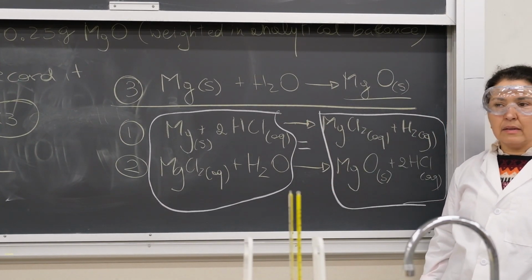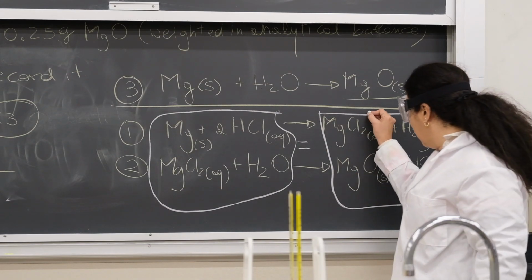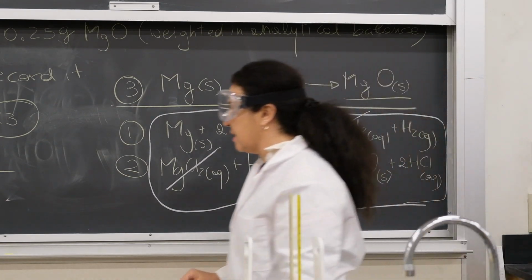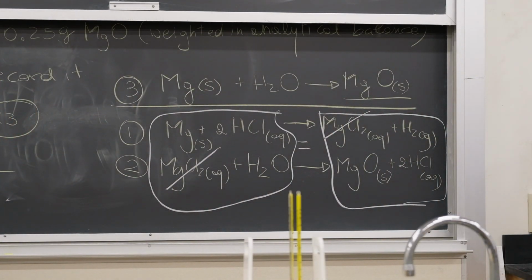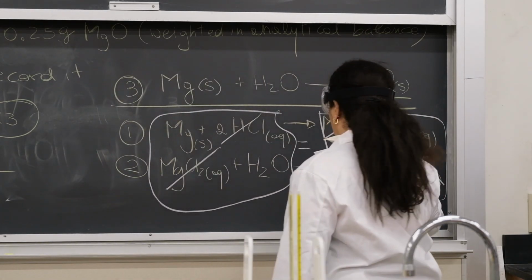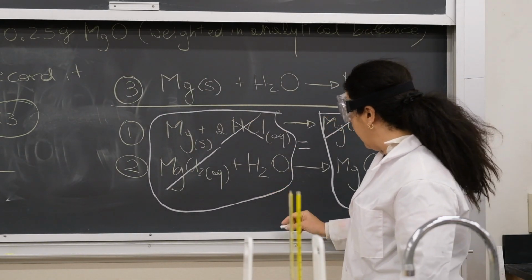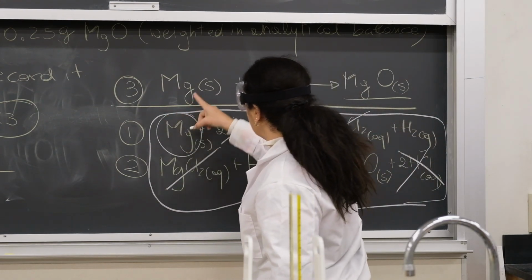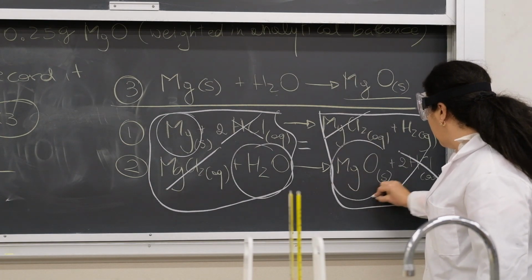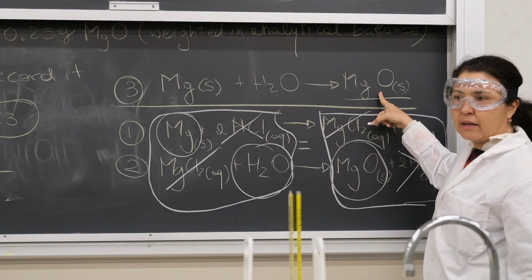What can I cancel? The magnesium chloride cancels out. Anything else that can cancel out? Hydrochloric acid. Excellent. And the hydrochloric acid. So in the end, I have magnesium here, water here, and magnesium oxide here.